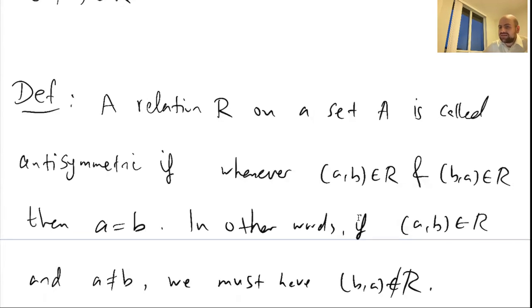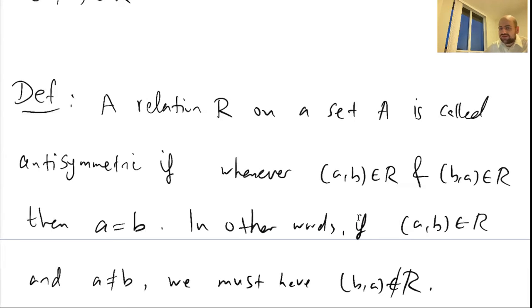Is (A, A) allowed to be in R? Yes, we can have (A, A) in R, and still have an antisymmetric relation. We have no problem with having (A, A) in our antisymmetric relation. We just don't want (A, B) and (B, A) both to be in the relation if A and B are distinct elements.